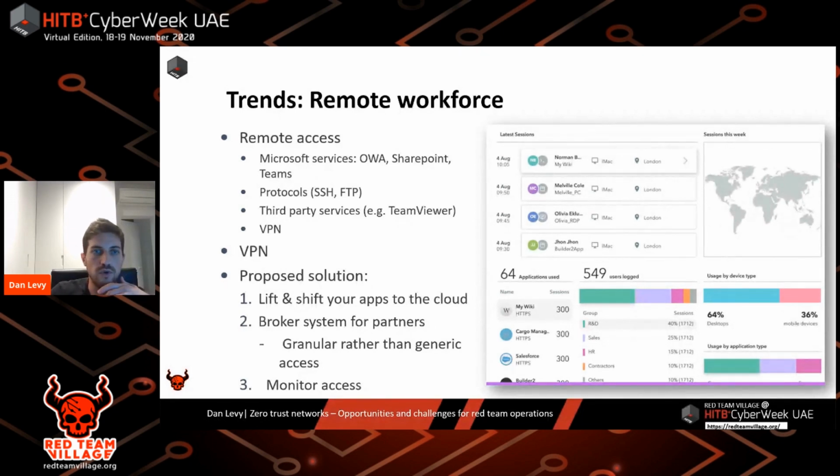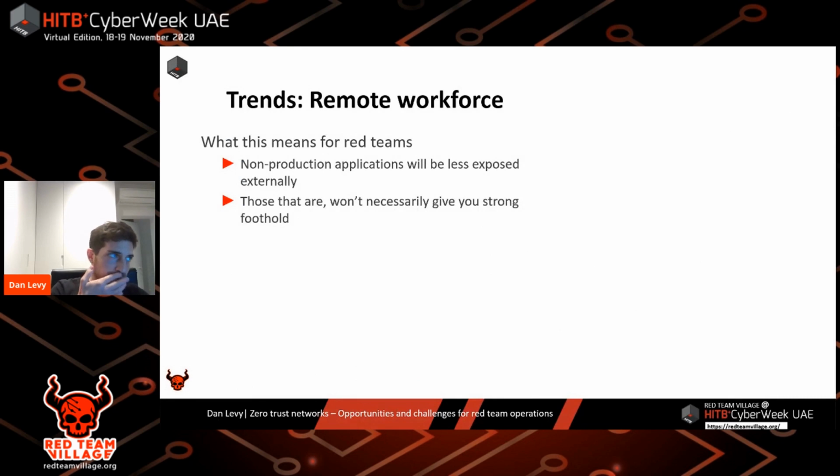So next important question, what does this mean for red teams? The first thing that it means for us is that the applications that we're so fond of using as an entry point into the network, non-production applications, those applications that are less monitored than production applications, that maybe don't have as many security controls as the production applications, those that are basically our preferred way of entering into company networks, well, they become a harder access point.